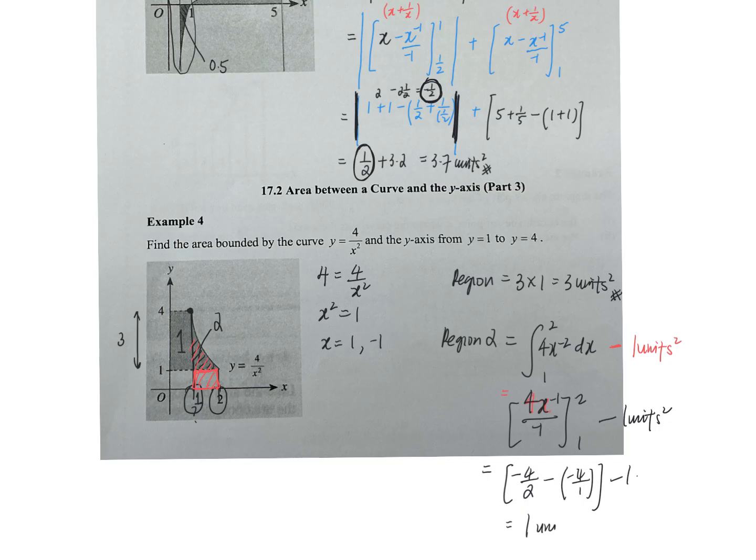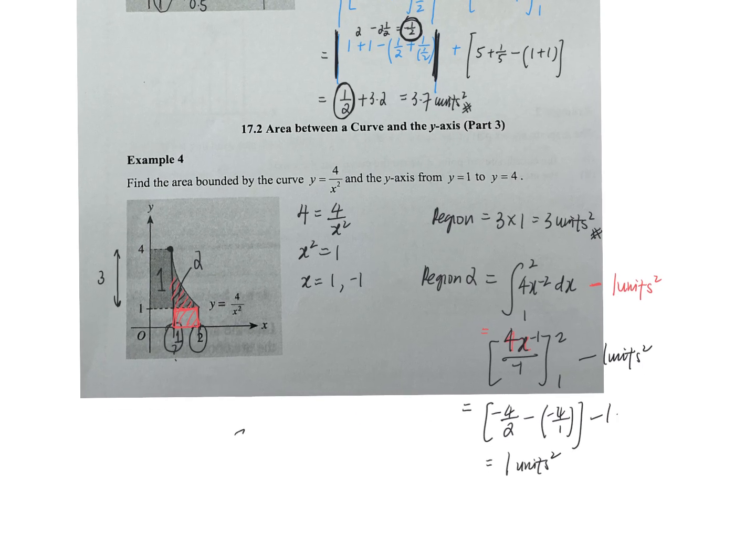So you get 1 unit square. Okay, so what is the total shaded area? So it's 3 plus 1. Yes, the 3 here and the 1 here. So 4 units square. So this is if you stick to integrating with respect to x.